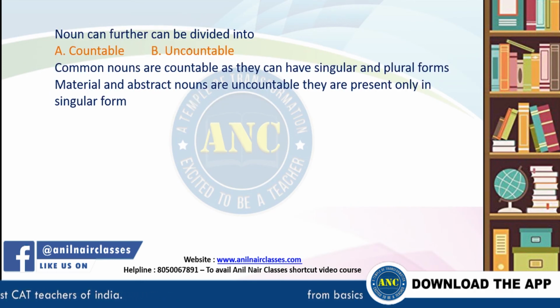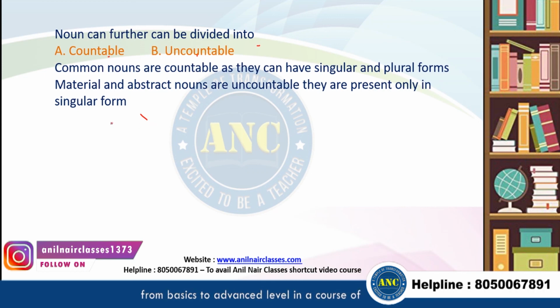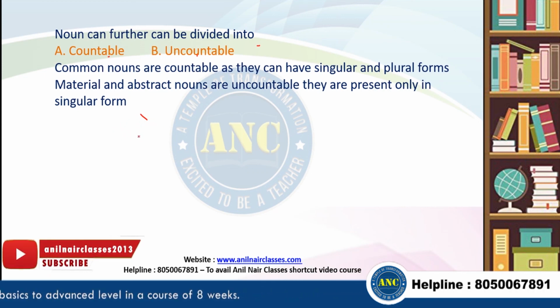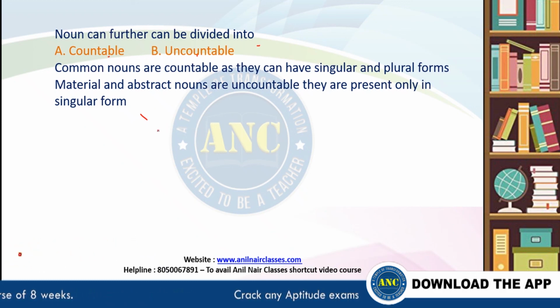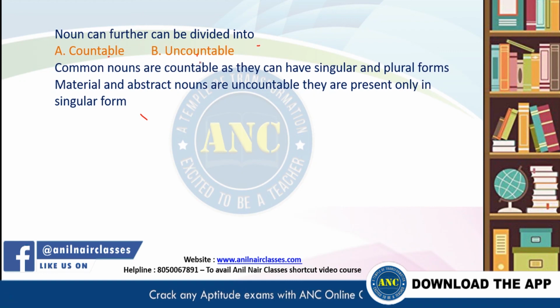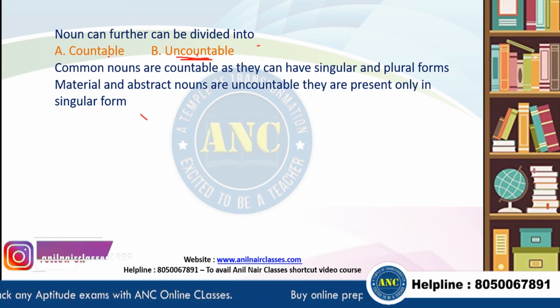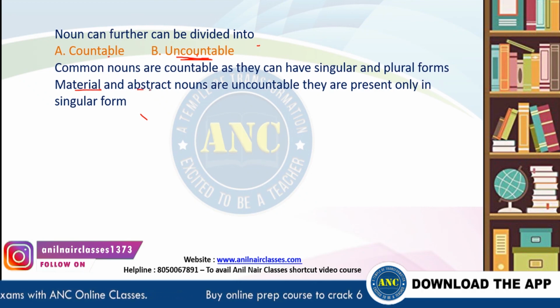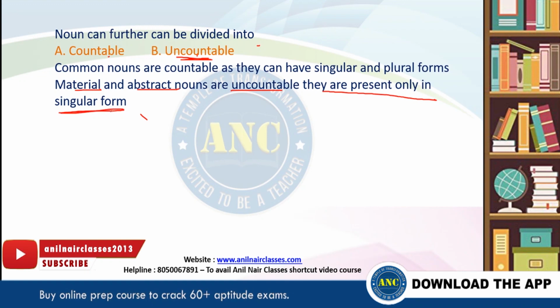Now further, nouns can be divided into countable and uncountable nouns. Till now we have been dealing with the singular form and plural form of the noun. The nouns which are present in both singular and plural forms are called countable nouns, whereas the nouns which are not present in both singular and plural forms are called uncountable nouns. Now our material and abstract nouns are uncountable. They are present only in the singular form.